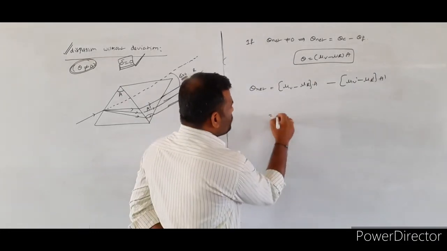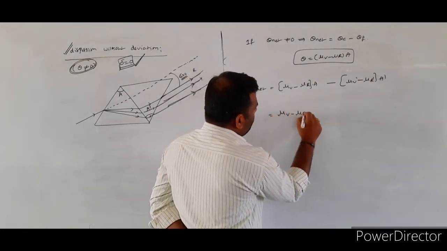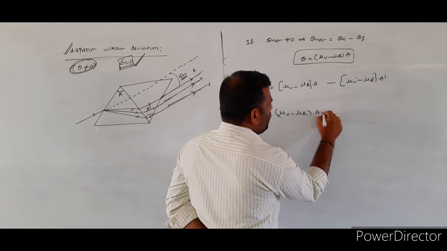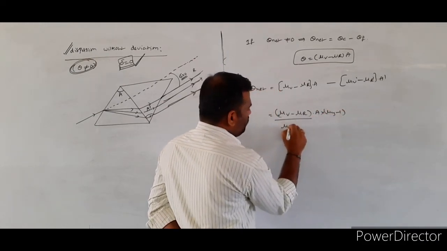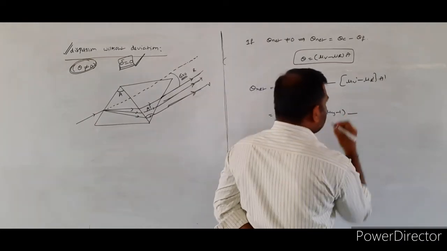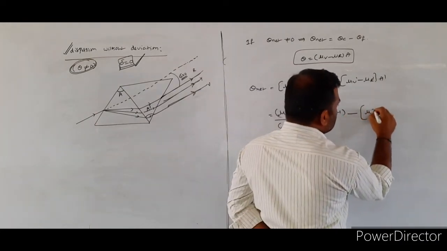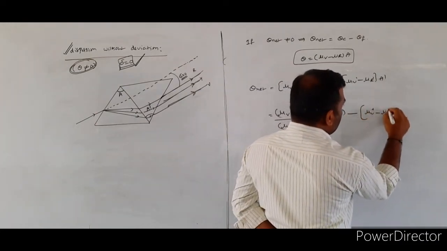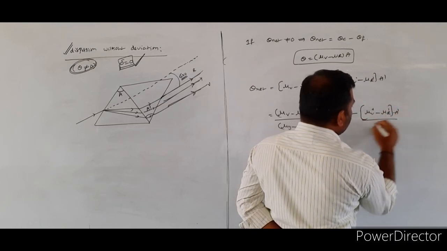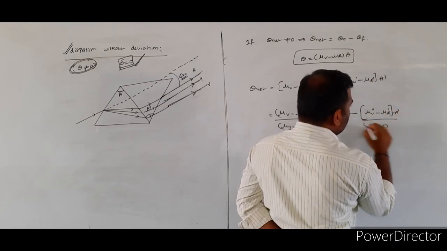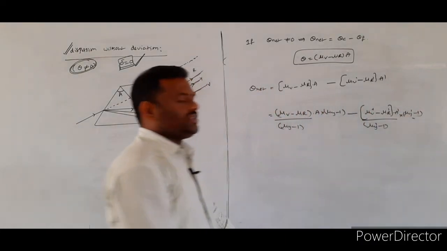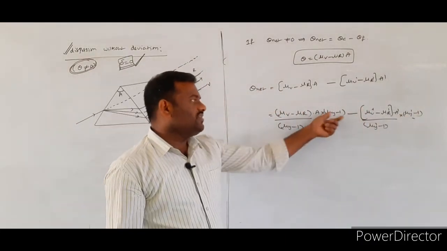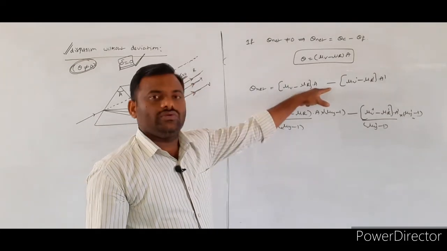So its value becomes mu v minus mu r into A into mu y minus 1 by mu y minus 1, minus mu v dash minus mu r dash into A dash by mu y dash minus 1 into mu y dash minus 1. There is no change in value. These two values are getting cancelled. The same result you are getting.